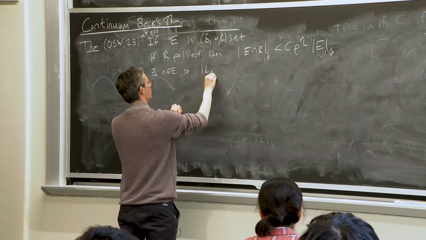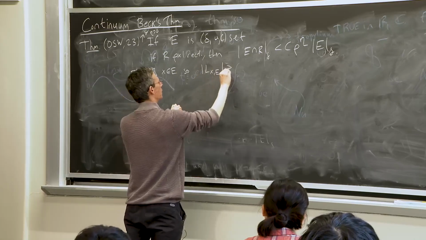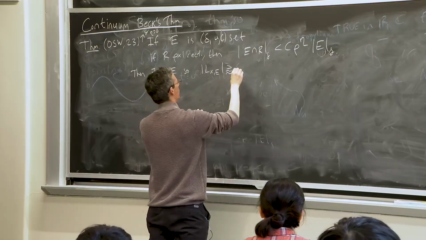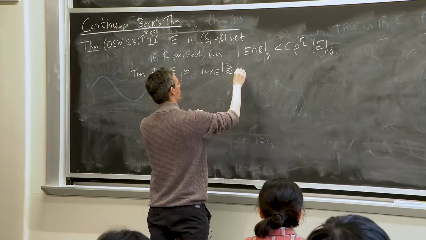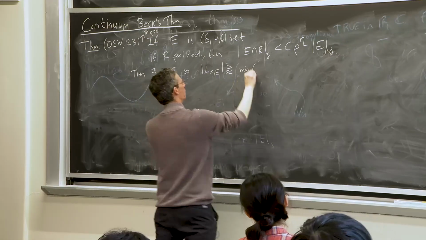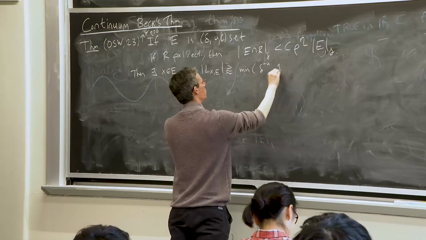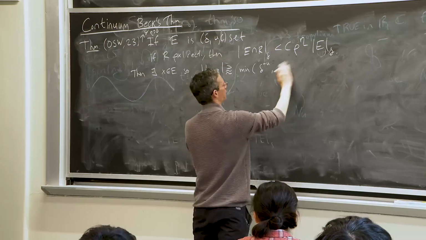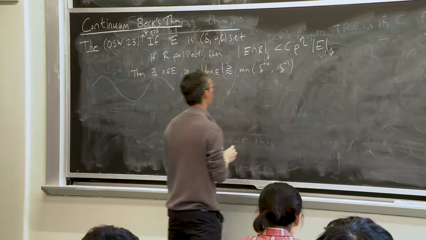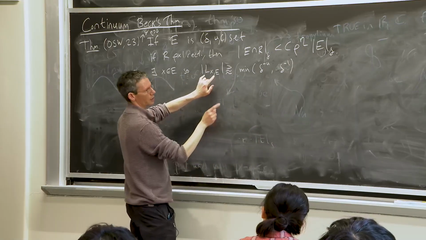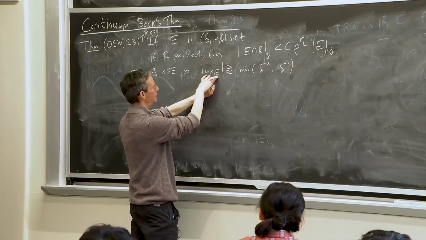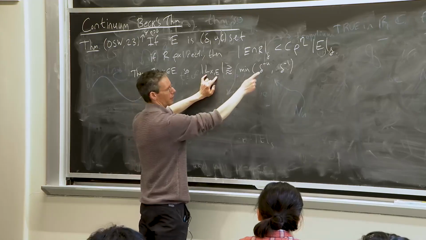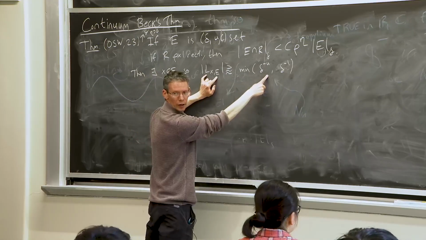Then the conclusion is there exists an x in E so that the size of L_x E is greater than the minimum of delta to the minus u and delta to the minus 1. OK, so what's going on here? Our original theorem would say that L_x E is at least the size of E. And that's the size of E. So that's what it's doing here.